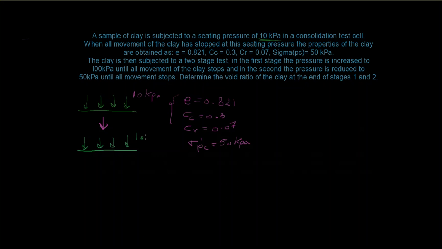Then the pressure is reduced in stage 2 to 50 kPa. We've been asked to find the void ratio at the end of stage 1 and stage 2.